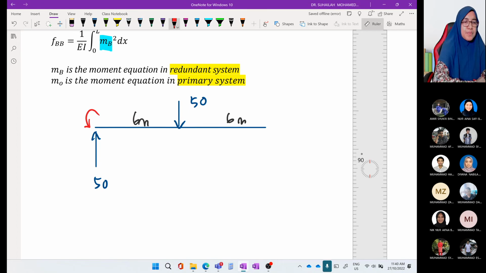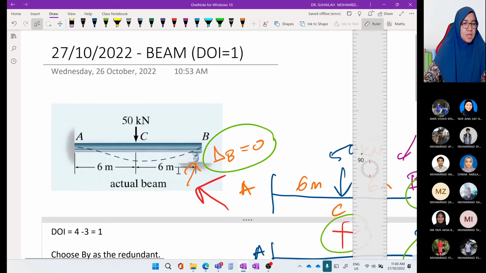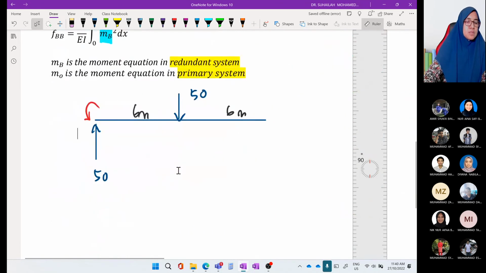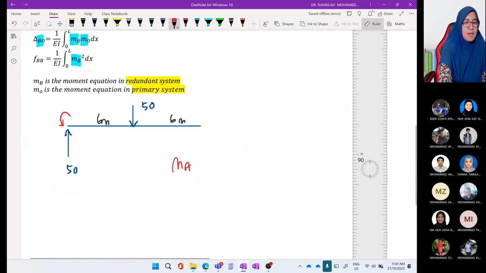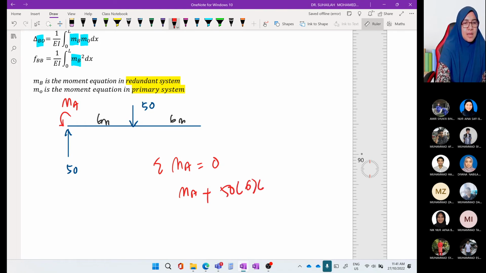Taking moment at A equal to 0: MA plus 50 times 6 times 3 equals 0. This one is already negative, so put negative.